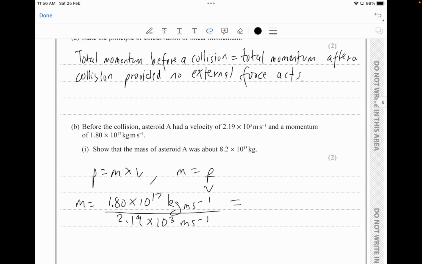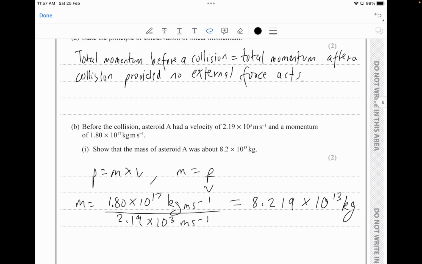Now divide using a calculator, just plug in the values. If you use the calculator, 1.80 times 10 raised to the power of 17 divided by 2.19 times 10 raised to the power of 3 gives you an answer of about 8.219 times 10 raised to the power of 13 kilograms.